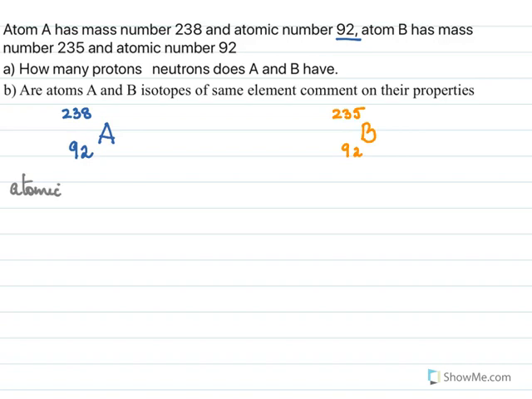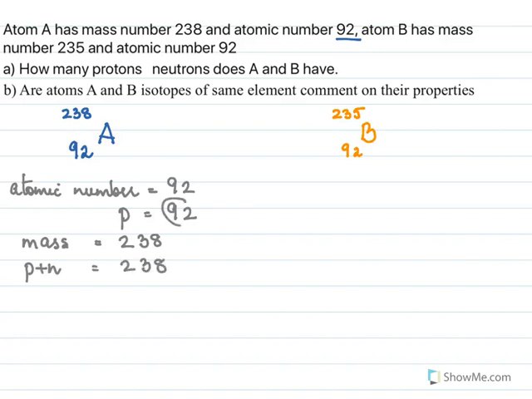Atomic number equal to 92 means protons equal to 92, and the mass is 238. So protons plus neutrons is 238, but we know the protons are 92, so neutrons is 146. So we saw that the protons are 92, neutrons 146.